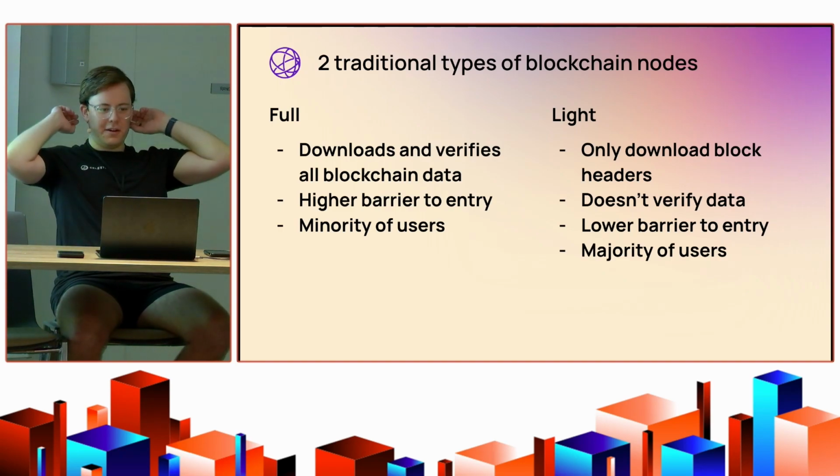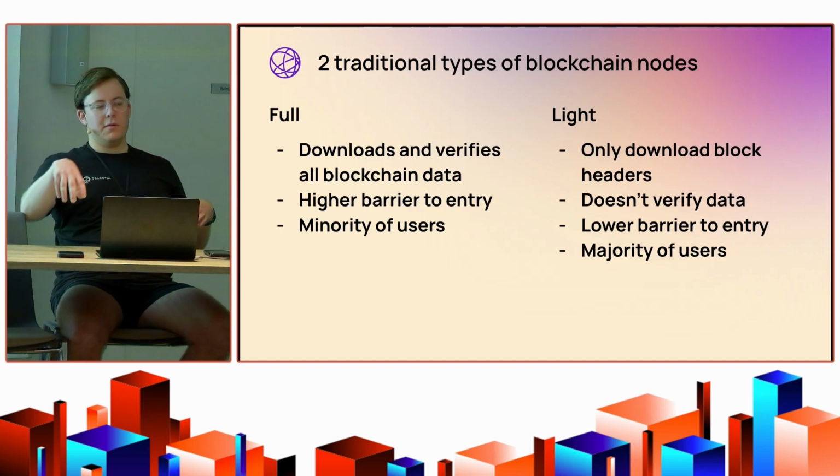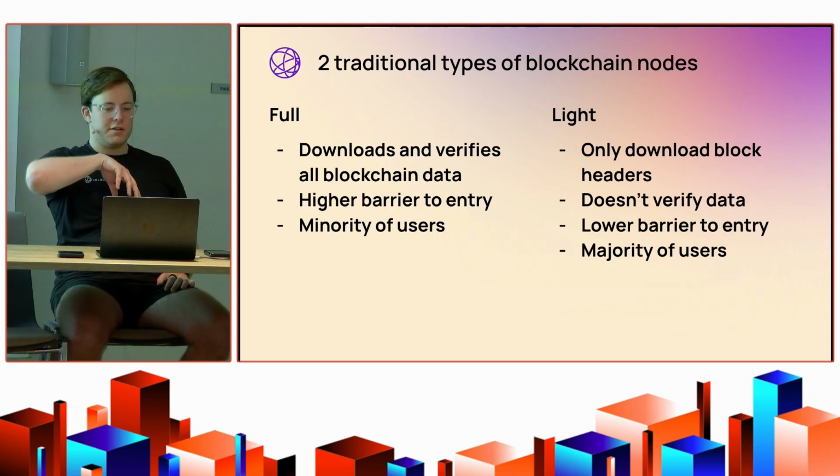I think that's probably why you're actually here. So in a blockchain, we typically have two different types of nodes. The full node, in the standard design, downloads all of the data from every single block. And if every single one of us in this room submitted a transaction, it's going to download and re-execute every one of those transactions.